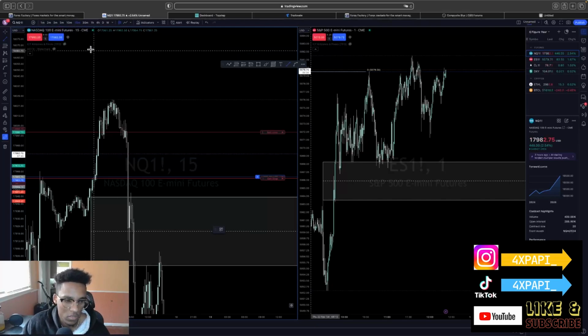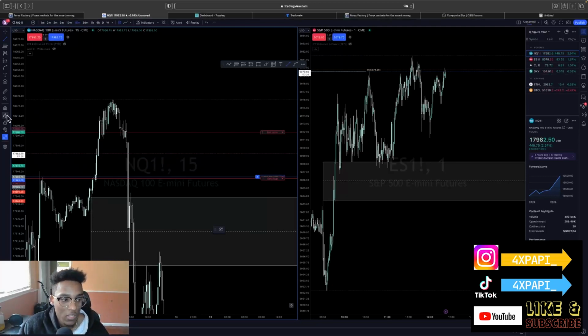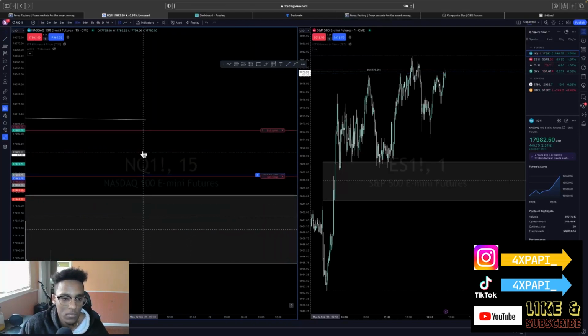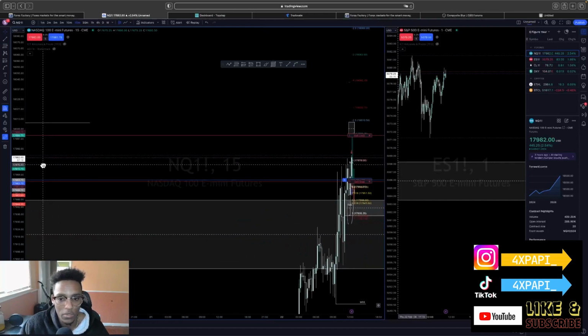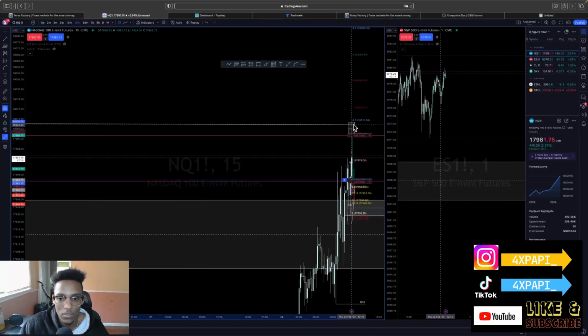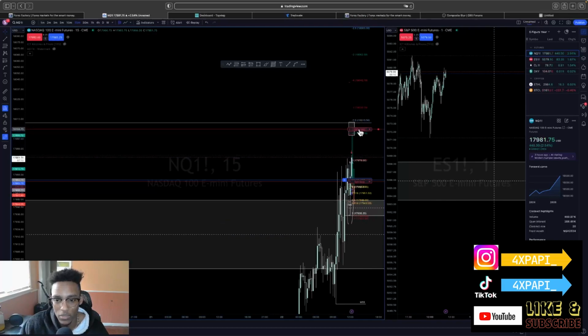And when I go to the lower time frames, you'll be able to see. So we have right here. And if it does line up, then I will put it back. Yep, lines up in that box. So actually, I'm going to keep it at consequent encroachment.